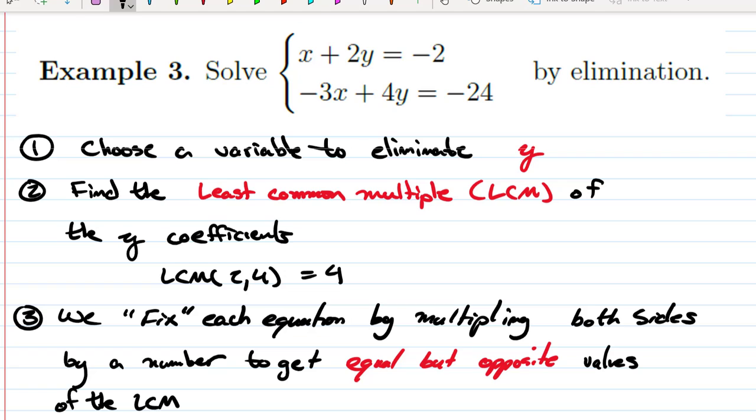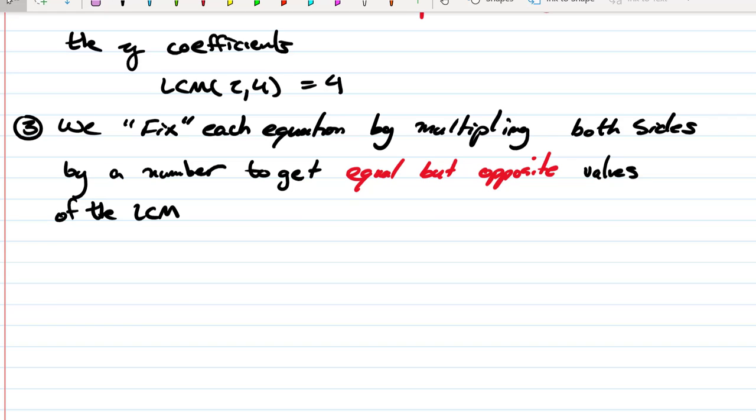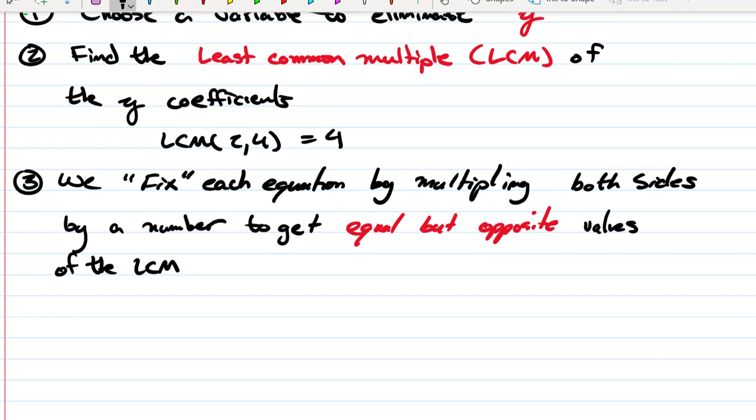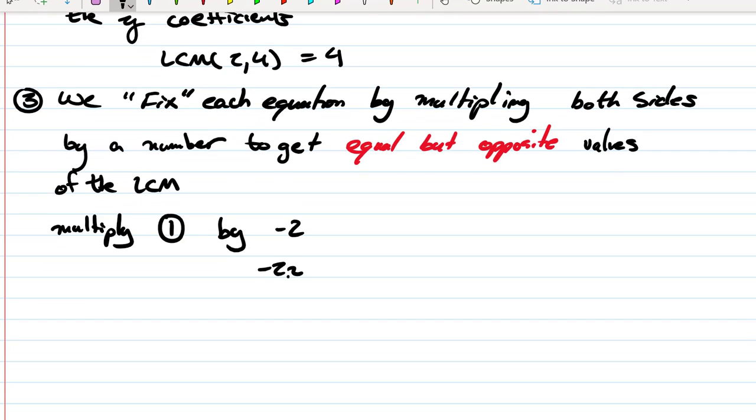So we want to eliminate y's. Our LCM is 4. So if I multiply equation 1 by -2, positive 2 times -2 gives me -4, which is the opposite of positive 4. So we multiply equation 1 by -2, and that's going to give me -2x minus 4y equals 4.